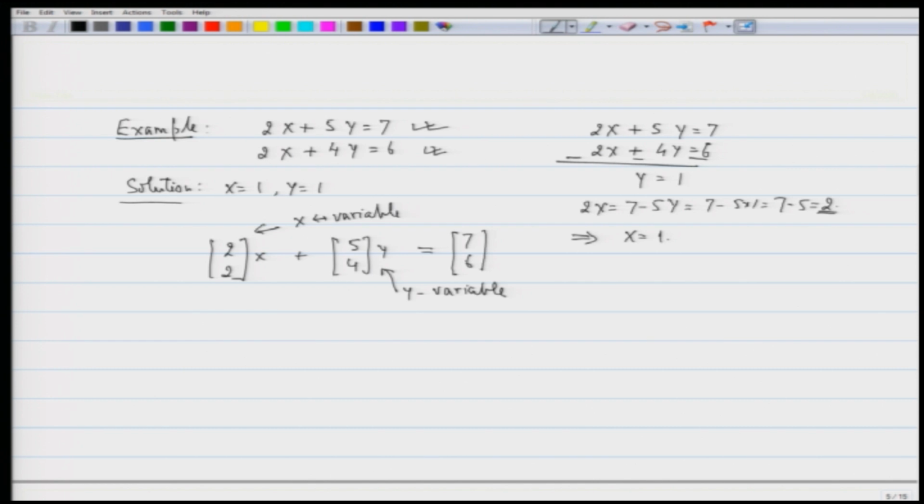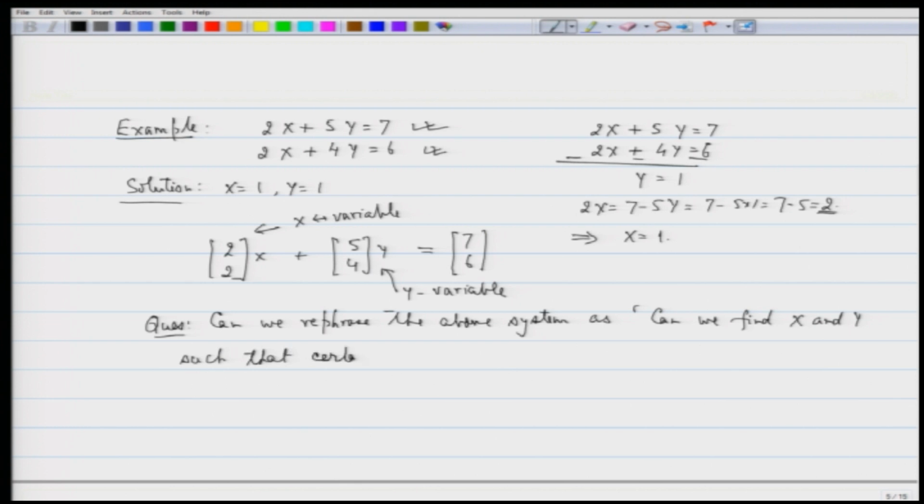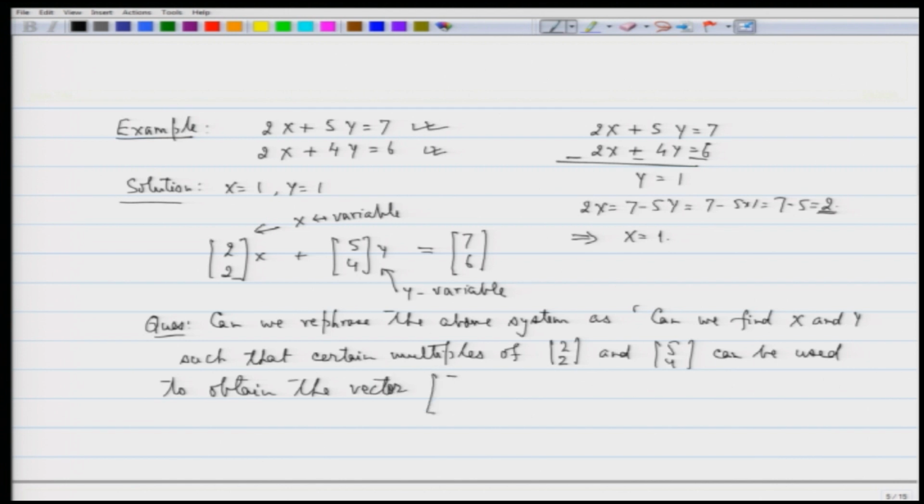So, can I say that what we are looking at is, question, can we rephrase the above system as: can we find x and y such that certain multiples of 2 2 and 5 4 can be used to obtain the vector 7 comma 6.